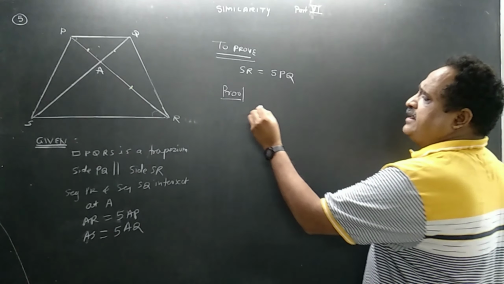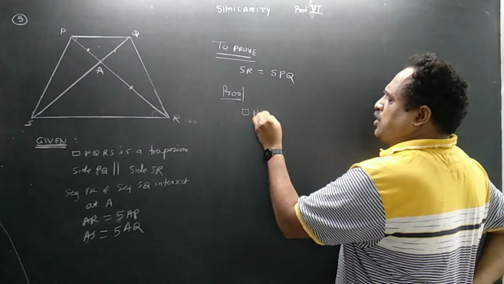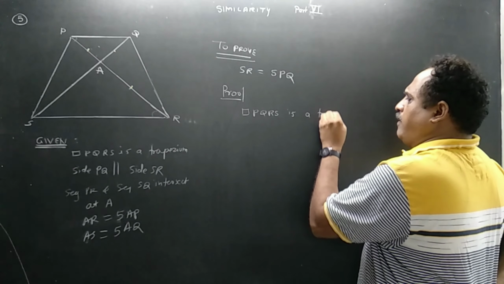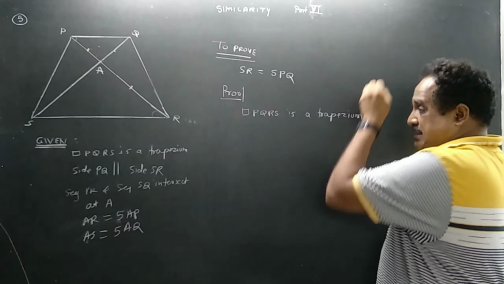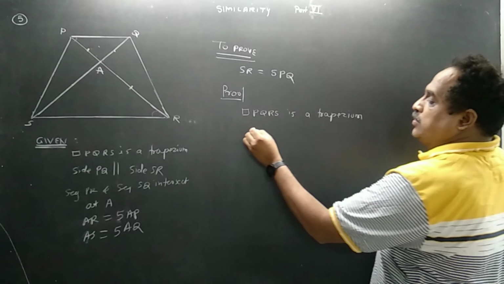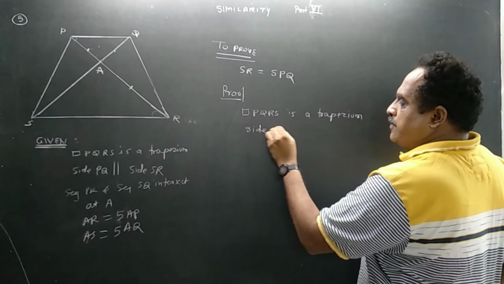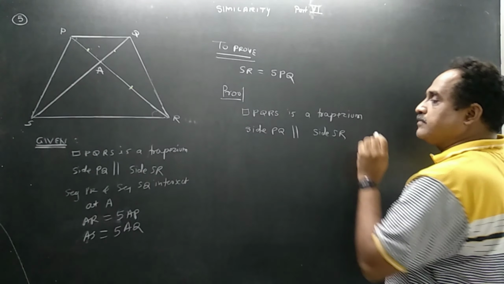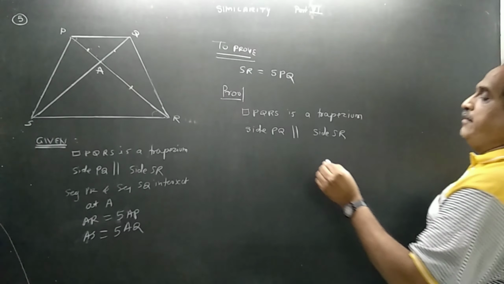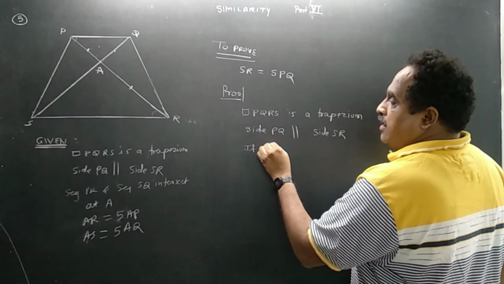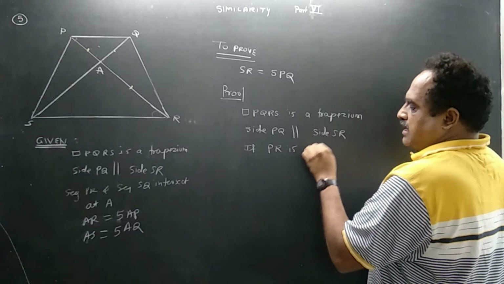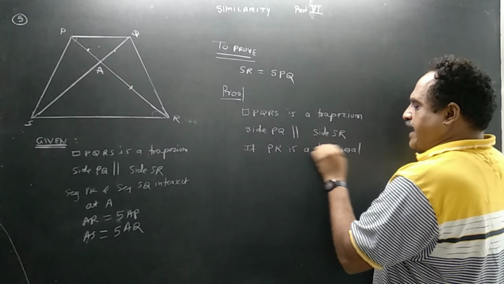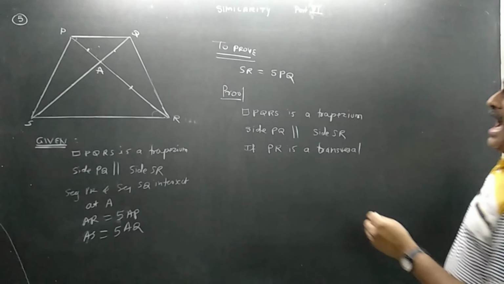First of all, they have given that this quadrilateral PQRS is a trapezium. As it is a trapezium, and they have given that side PQ is parallel to side SR. Is it right? If PR is a transversal, I can write this.